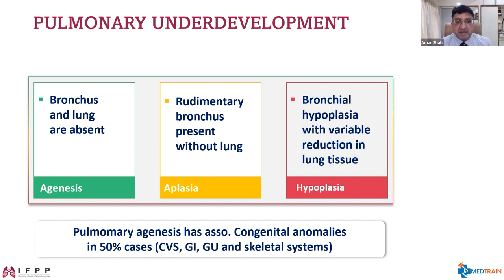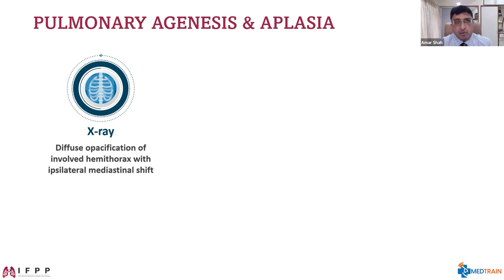Pulmonary agenesis is commonly seen with other associated congenital anomalies in almost 50% of cases, which include cardiovascular, gastrointestinal, urinary, and skeletal systems. An X-ray helps to diagnose pulmonary agenesis or aplasia. X-ray shows a diffuse opacification of the involved hemithorax with ipsilateral mediastinal shift.